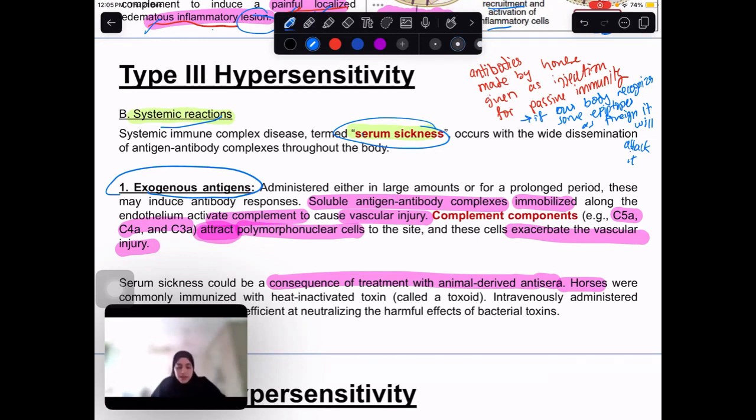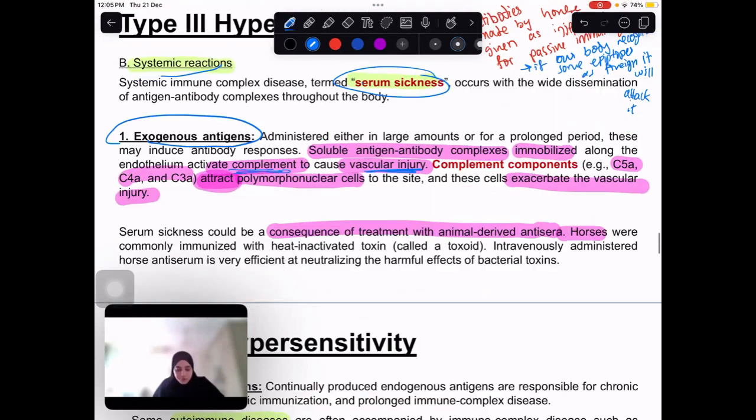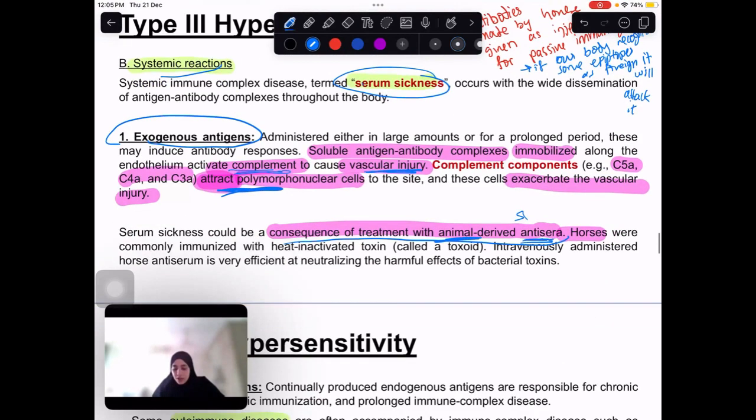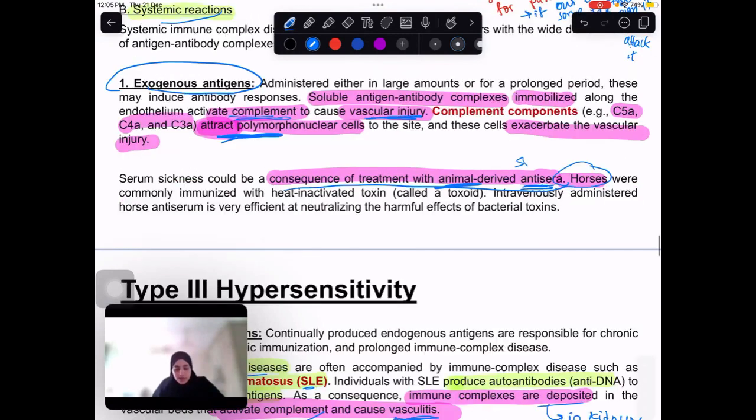It's activating the complement, which causes the vascular injury, which we mentioned is the inflammation, the vasculitis, right? It will attract the inflammatory cells, as we mentioned. And here it's the consequence of treatment with animal-derived anti-sera, so basically antibodies, anti-sera and serum. We mentioned examples, the horses.